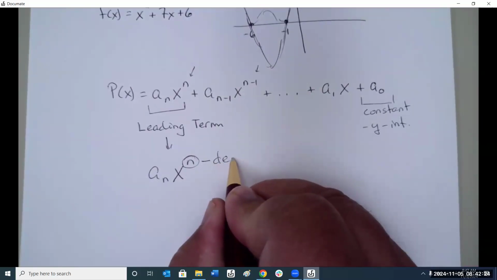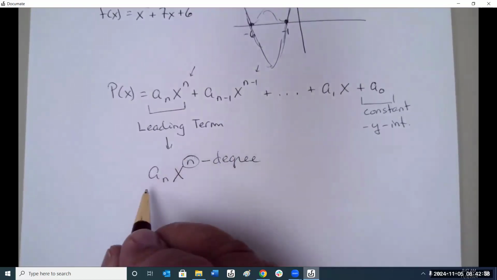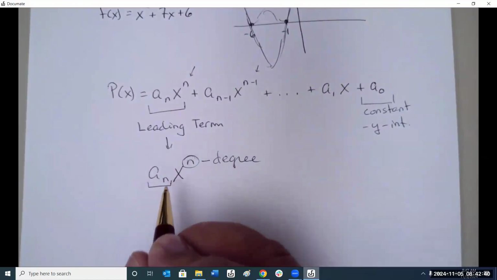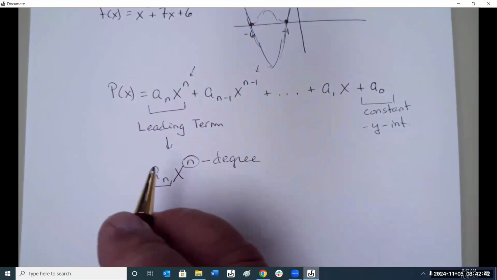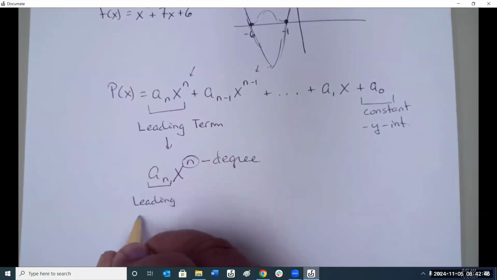The degree. Very good. And again, the degree tells us the maximum number of x-intercepts we have, solutions we have. The number in front is called the leading coefficient.